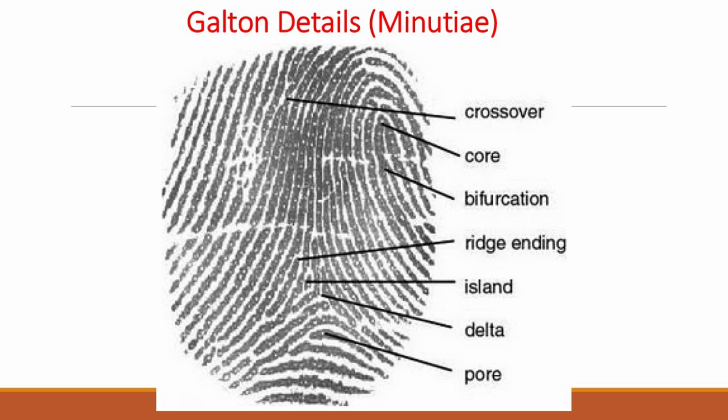Look at this one we call crossover, where you see two lines or two ridges moving parallel to one another and getting to a stage where they appear to cross over one another, as if you have a flyover bridge. That is what we call crossover. Then we have what we call the core.